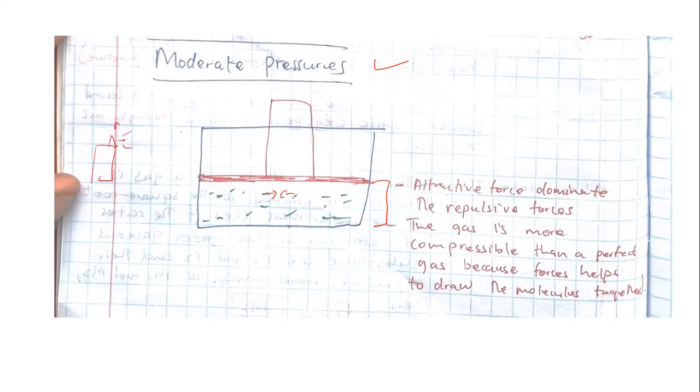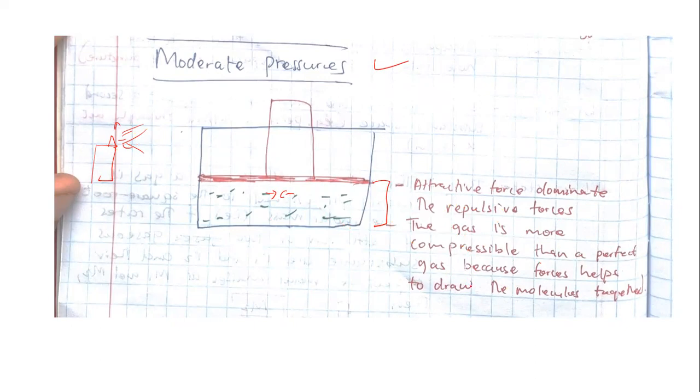That means for these gaseous molecules to be compressed out of this substance, the pressure is supposed to be moderate in this aerosol so that it is easier for you to compress these gaseous molecules. Why? Because of attraction. This attraction helps compressibility of these gases. That's why we say the gas is more compressible than a perfect gas.